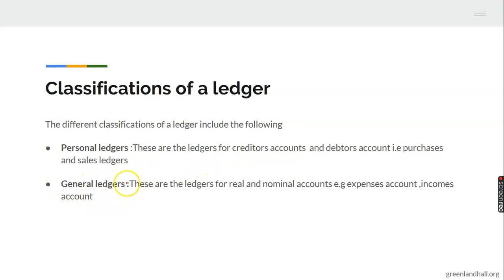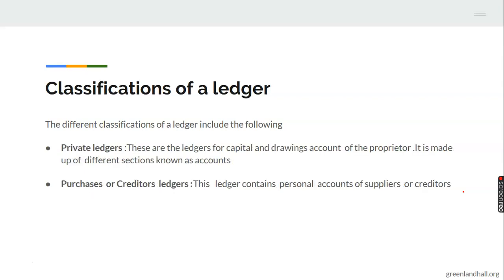Then apart from that, we equally have general ledgers. These are the ledgers for real and nominal accounts, e.g., expenses account, incomes account. These are categorized or recorded under general ledgers. Then apart from general ledger, we equally have those ledgers that we refer to as private ledgers.